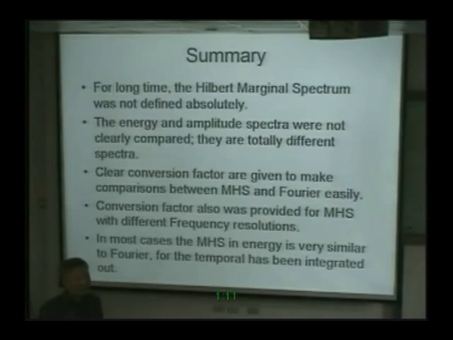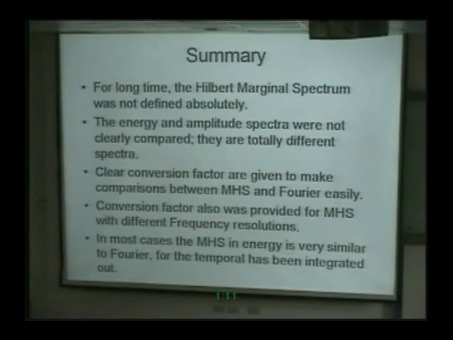So a lot of time, in the haste of computation, I still made mistakes with the conversion factors. But this conversion factor is very clear. You can work it out, and this conversion factor is provided for different resolution and also for zoom.